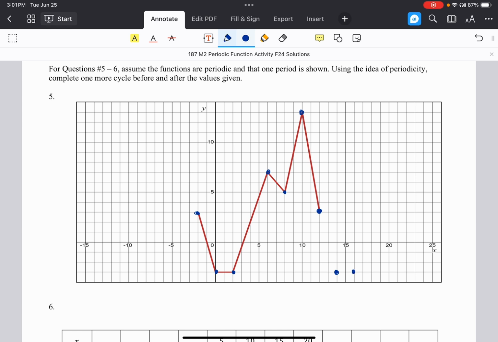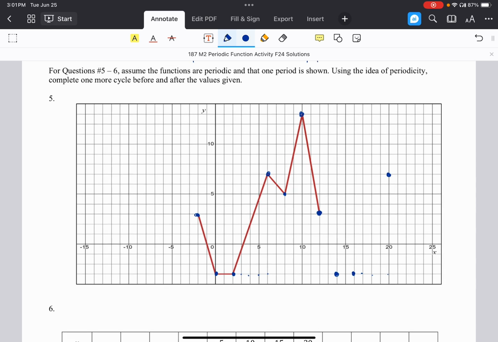And now here's the big one. I go over 1, 2, 3, 4. So 1, 2, 3, 4. And I'm going to go up 3 plus 7, 10. And there's my next point. And then I go down 2, to the right 2.